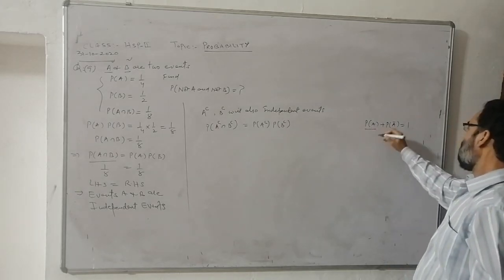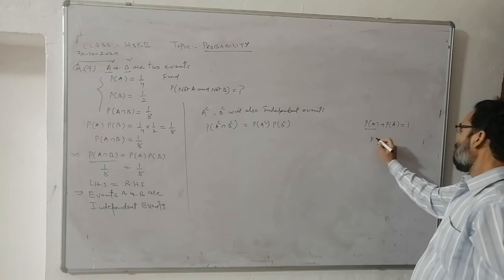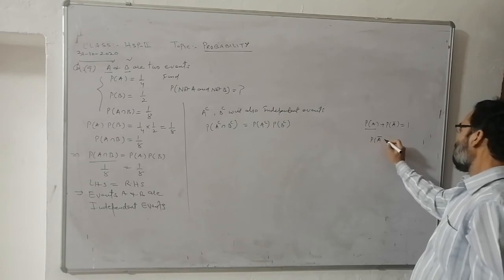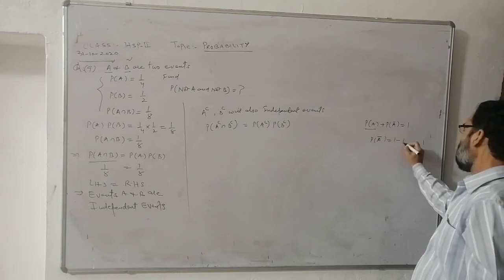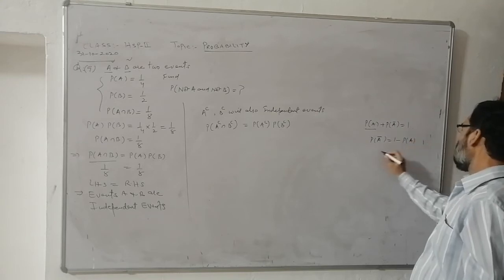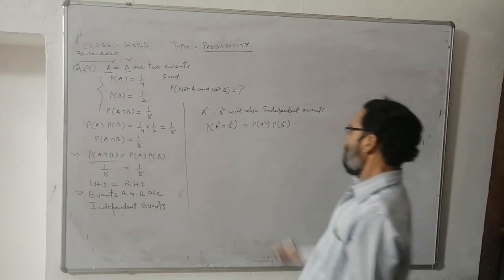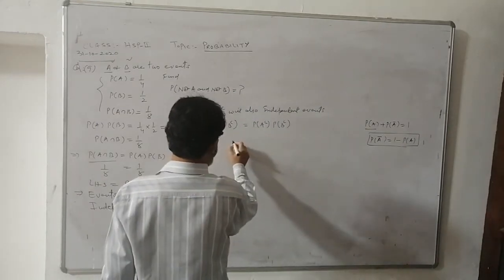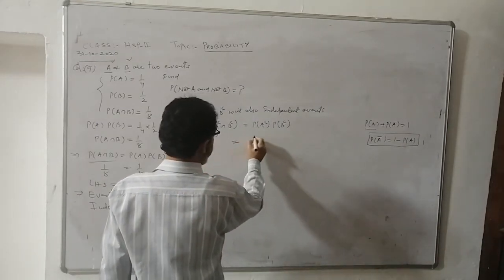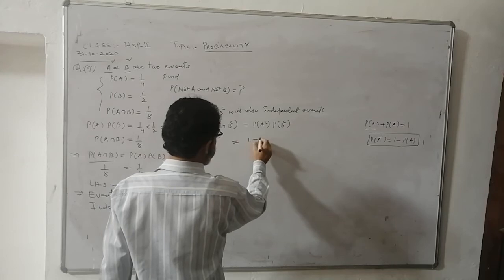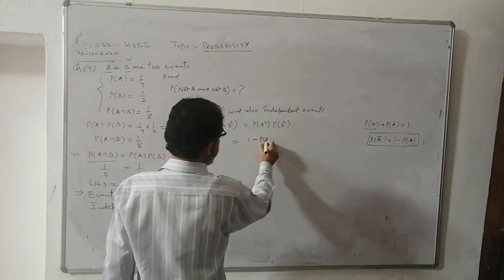So probability of not A can be calculated as 1 minus probability of A.